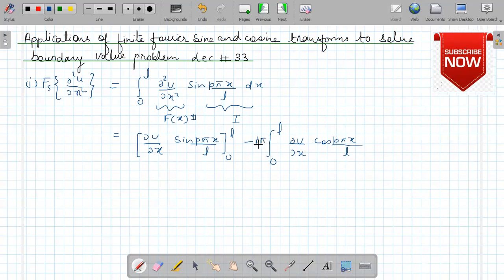So we have p pi over L because we are differentiating this function.